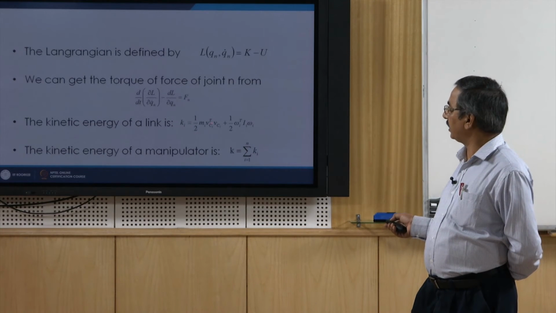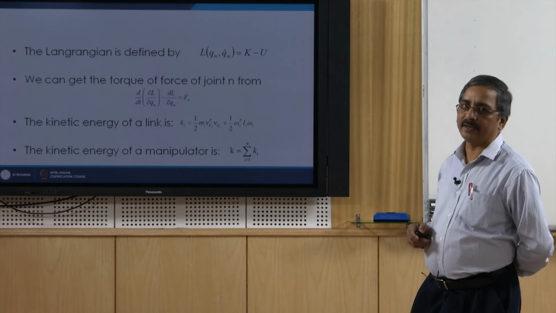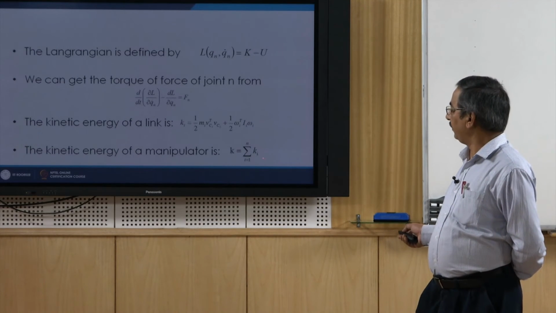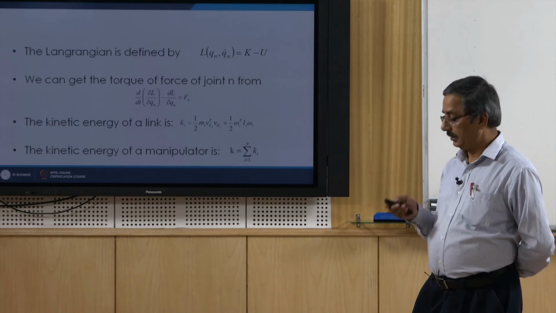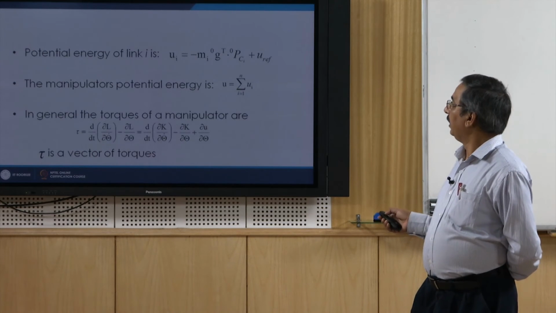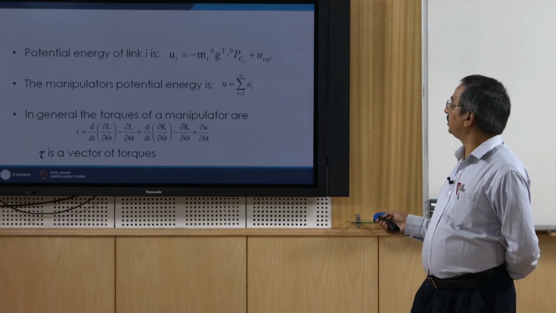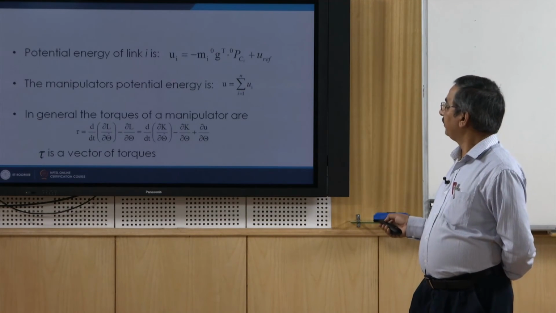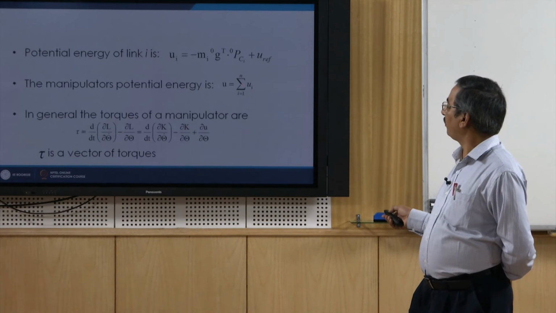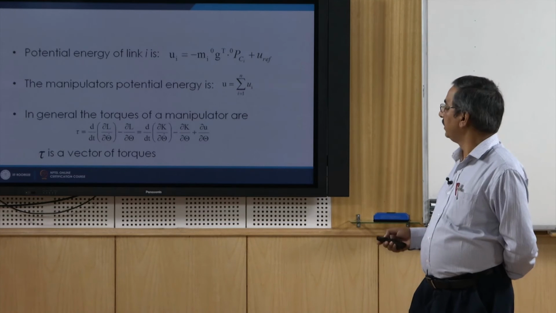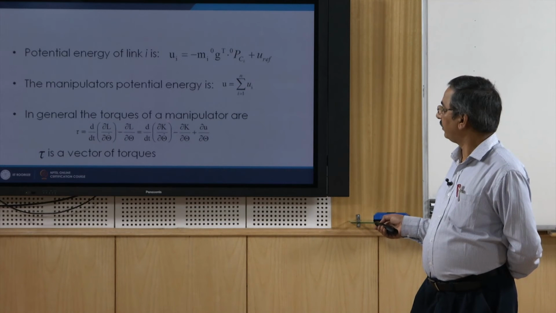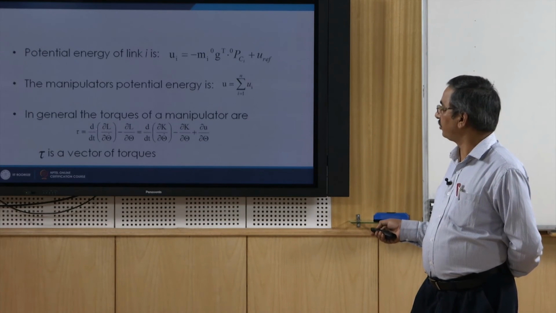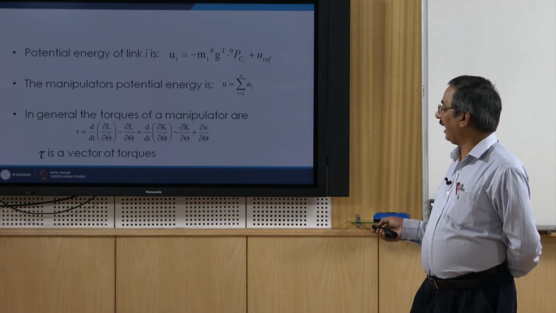This is the translational kinetic energy and this is the rotational kinetic energy for, say, the ith link, and then we can add up the kinetic energy for all the links and get an expression for the total kinetic energy. Likewise, I can find the potential energy for the ith link here, and then the manipulator potential energy can be found by summing the potential energy of all the links, and then we can get the torque expression for the manipulator this way. Here I am just substituting for L.